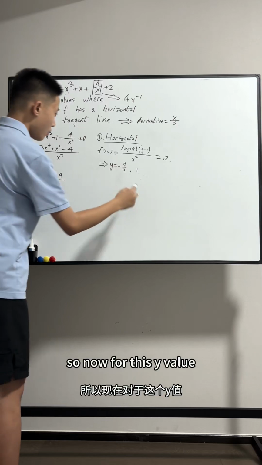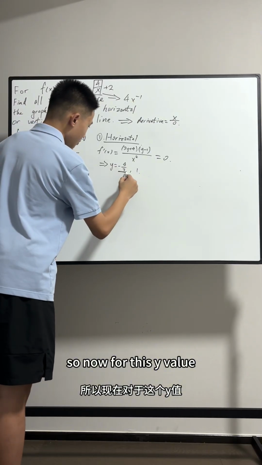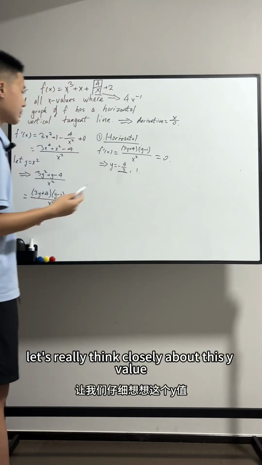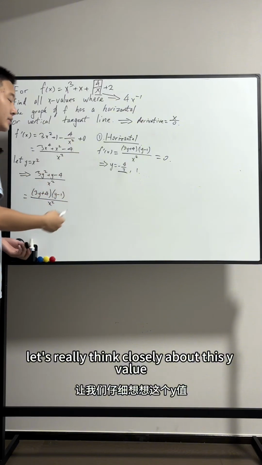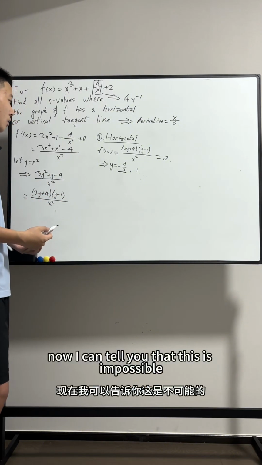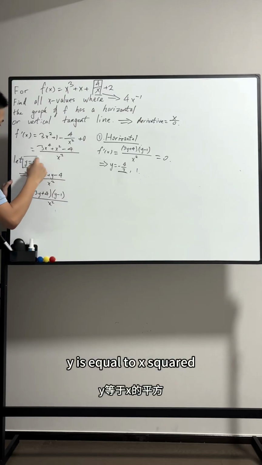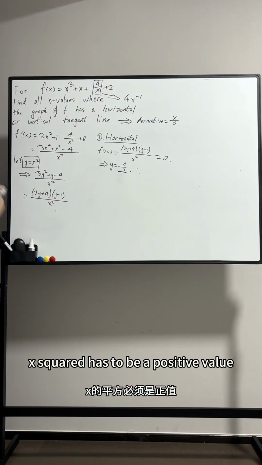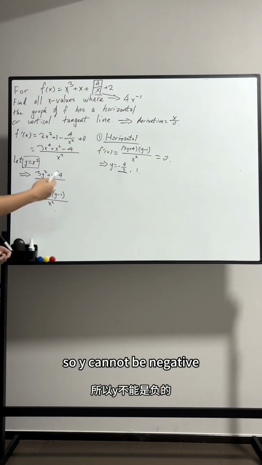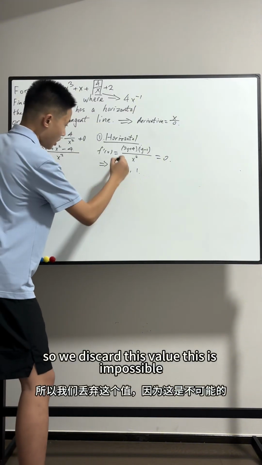So now, let's really think closely about this y value. Is this possible? I can tell you that this is impossible because y is equal to x squared. X squared has to be a positive value, so y cannot be negative. So we discard this value.